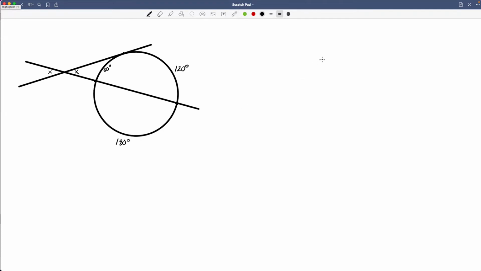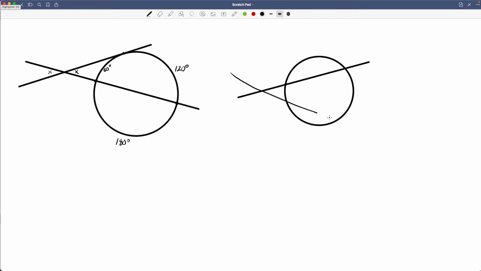Before, when we had the circle and it crossed on the outside, we knew what this one was, we knew what this one was, and we knew that Y and Z added together had to be the difference between 360 and these two, but we didn't know how much was each one, we just knew the sum. Well, now that they're both in one arc, because instead of 4 arcs we have 3 arcs, we can add these two together, subtract from 360, and we know what the third arc is. That's the only difference. That's when you have a tangent and a secant instead of two secants.